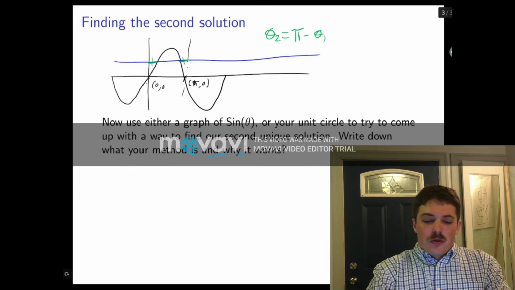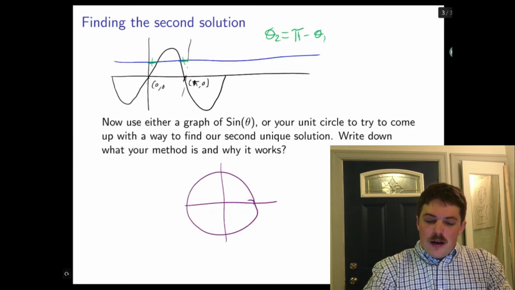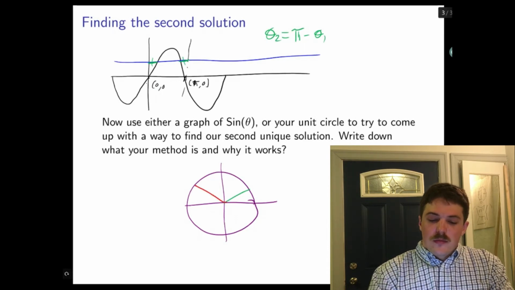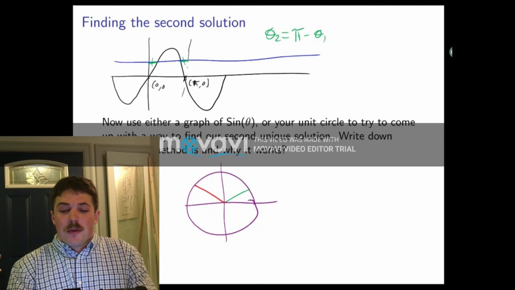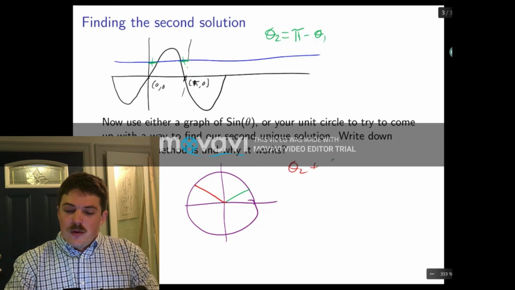And then if we approach this with our unit circle, like we did in the page before, we're going to have our theta 1 and our theta 2. And we're going to notice that these two angles are supplementary. So theta 2 plus theta 1 is equal to pi radians.